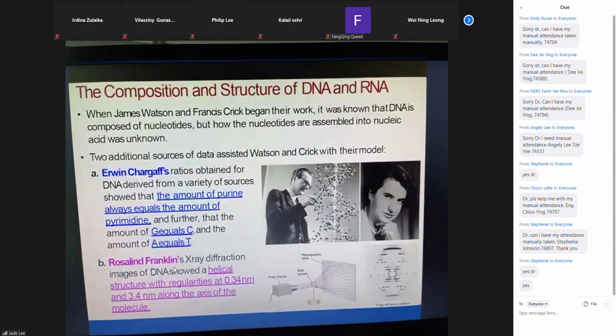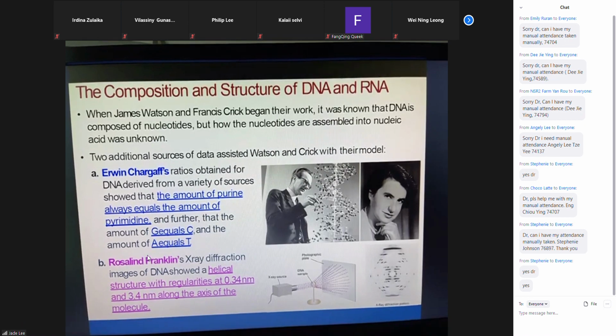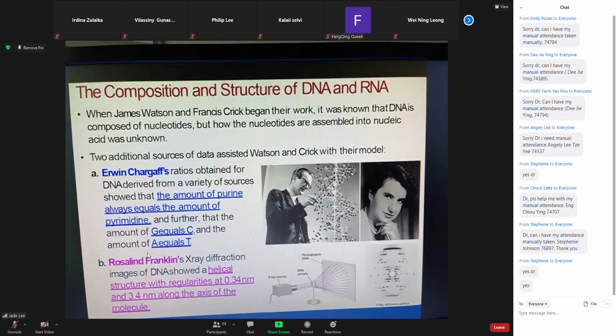Another very important one is Rosalind Franklin's X-ray diffraction images of the DNA, which show the helical structure with regularities of 0.34 nanometers and 3.4 nanometers along the axis of the molecule. Many people say Rosalind is actually the one who found the double helix.